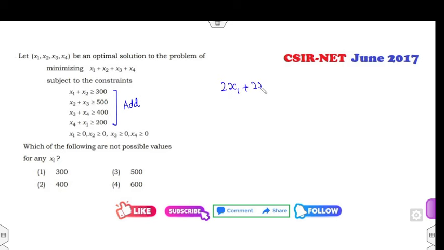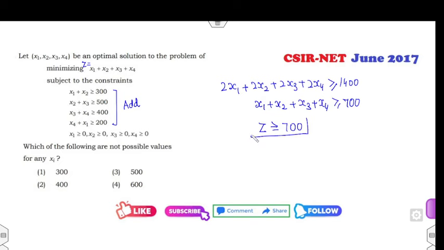Twice X1, twice X2, twice X3, twice X4 is greater than or equal to 1400. So X1 plus X2 plus X3 plus X4 must be greater than or equal to 700. So your target is Z greater than or equal to 700. Fine. So the minimum value of Z is 700.